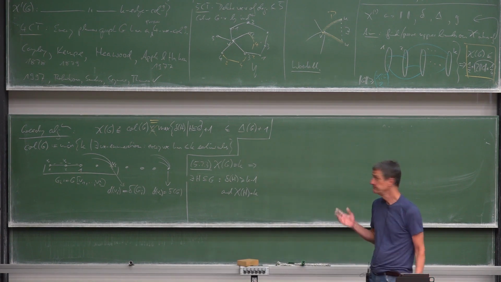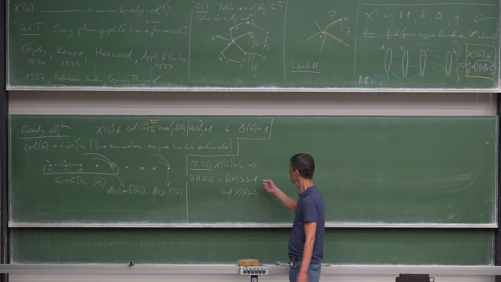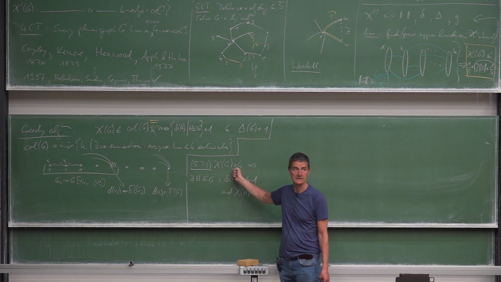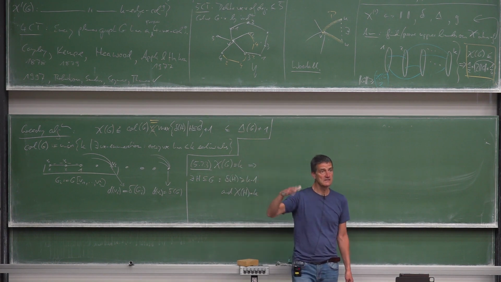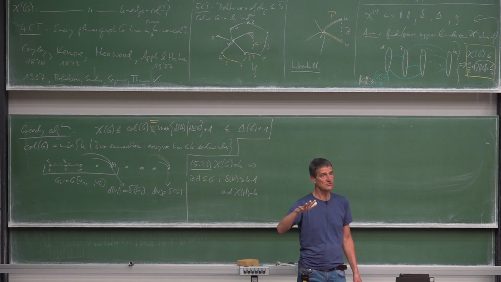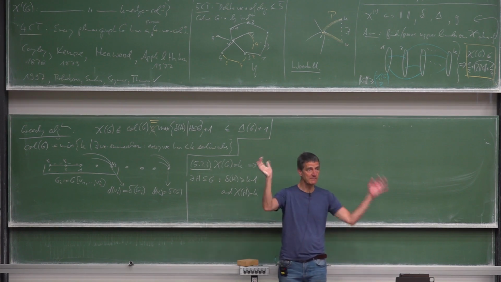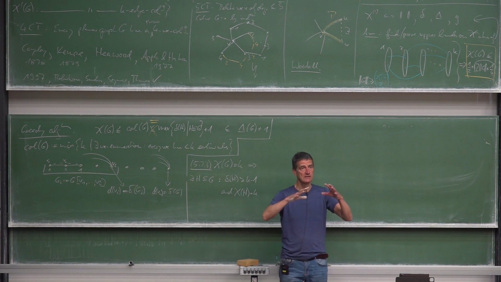Take G itself. It has chromatic number k. Delete vertices, keeping the chromatic number k as long as you can. And at some point, we still have chromatic number k. We have a subgraph H, still chromatic number k. But as soon as we delete any further vertex, the chromatic number drops to k minus 1.